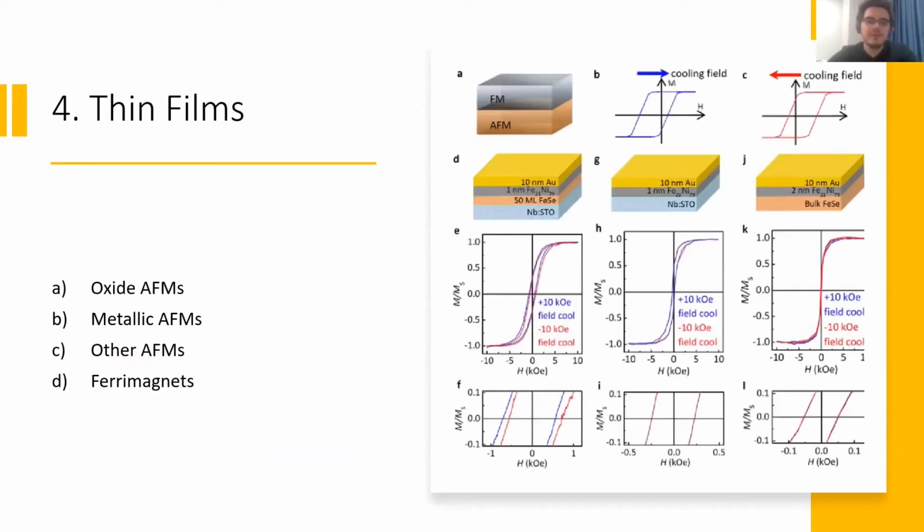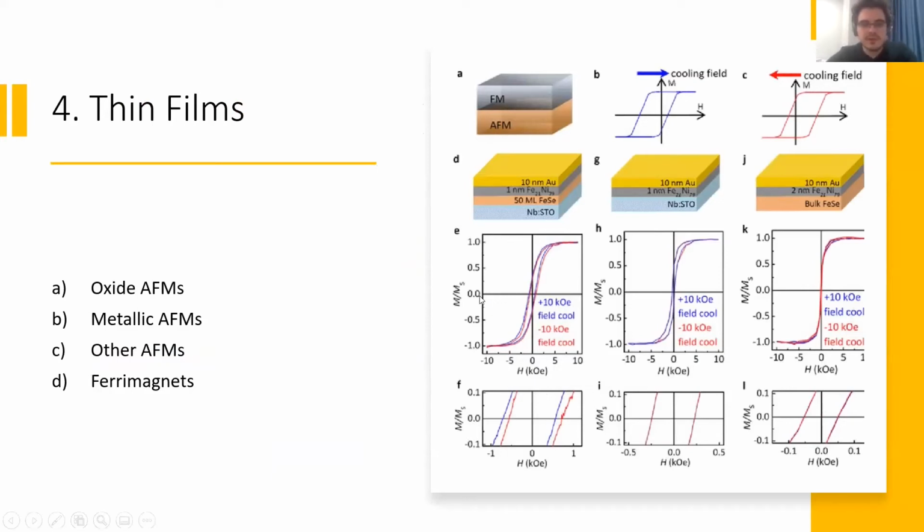Also, in today's technology, we mostly work on thin films when we talk about exchange bias. Thin films make it relatively easy to observe just one effect and keep the others the same.